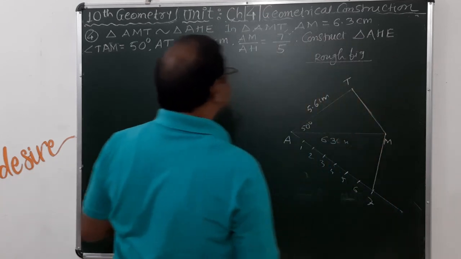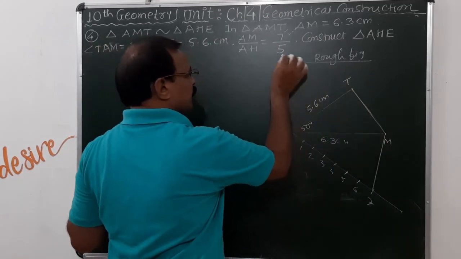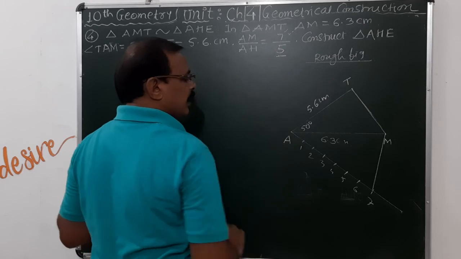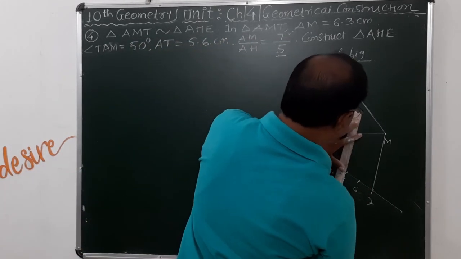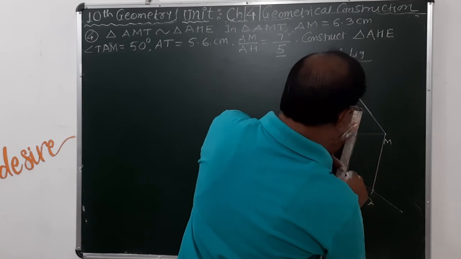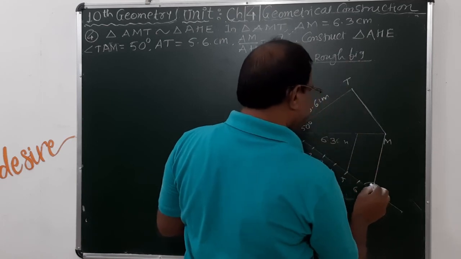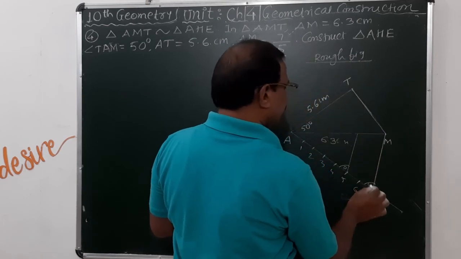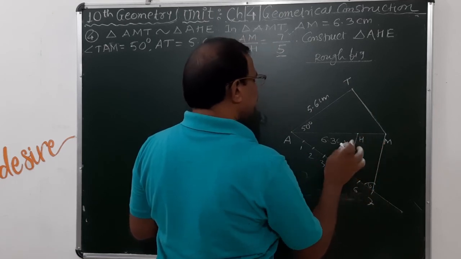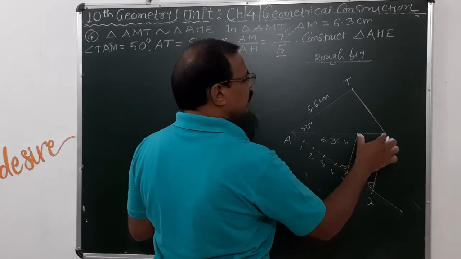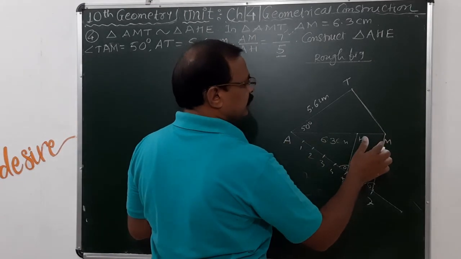And here we have to draw the 5th part, and therefore you draw a parallel line to this. So draw a parallel here, and this point is nothing but the S point, and this is the fifth part, and this is the 2 part, that is a total of 7 parts.